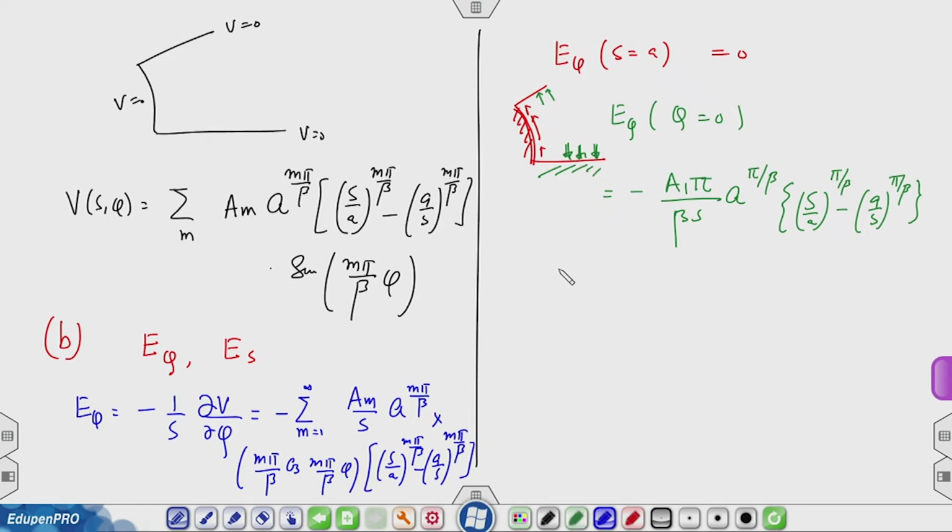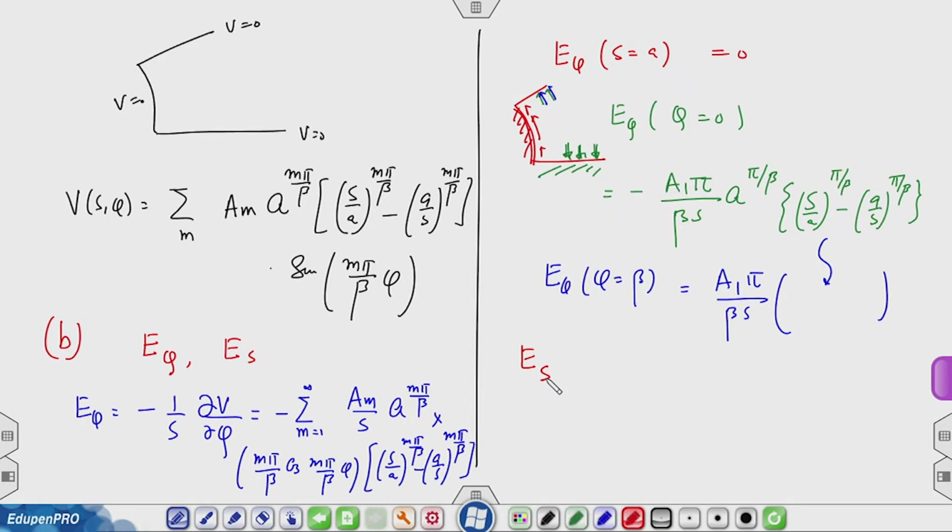And E phi at phi equals beta comes out to be with a plus sign a 1 pi over beta s, and the rest is the same. That comes out to be going into the surface again. How about E r or E s?